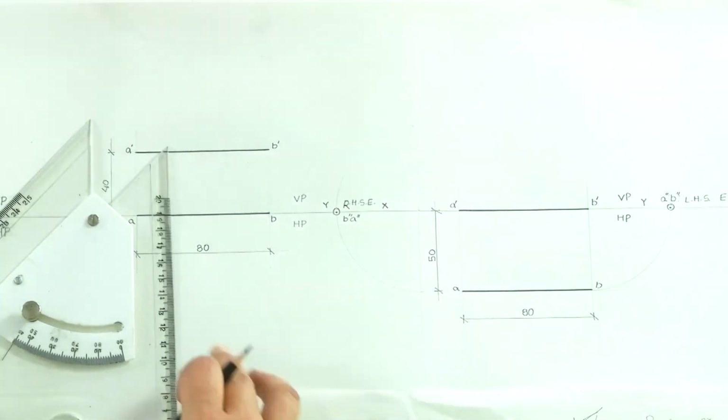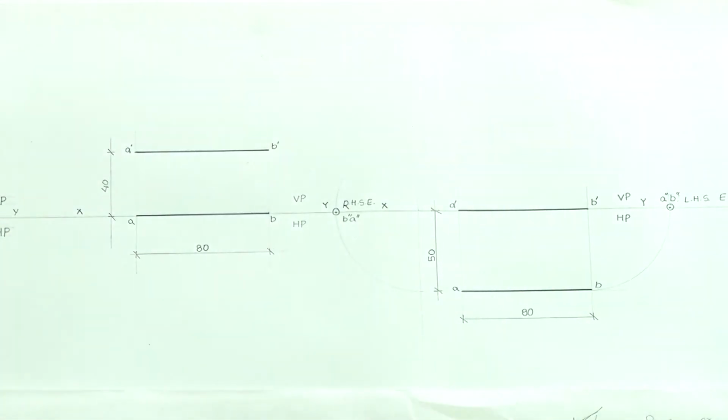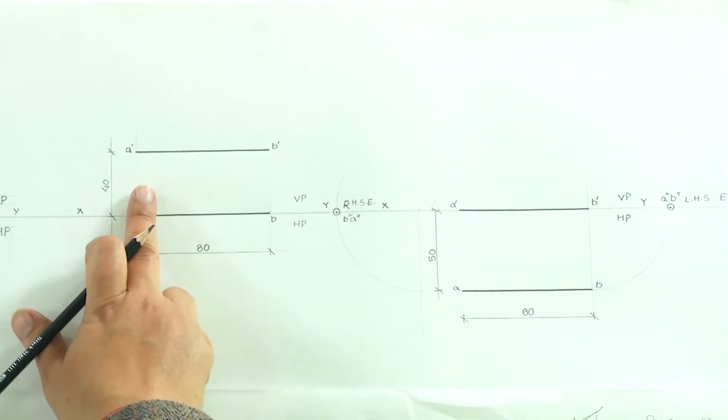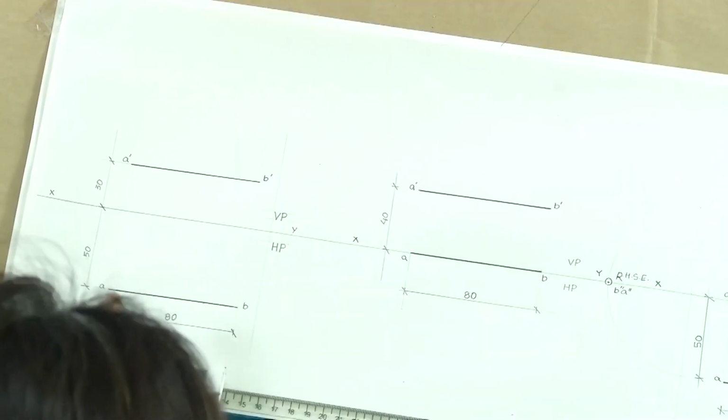Similarly, you could draw the side projections for each of these cases. Now, before I wind up, let us quickly draw the side projections of this line here. Now, in this case, what will we do?